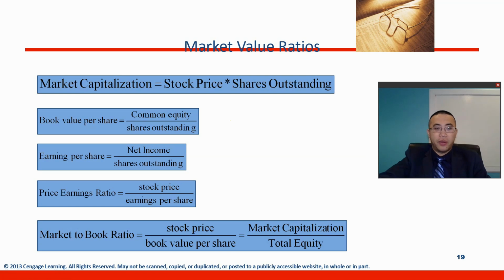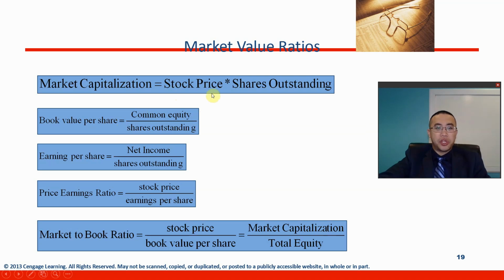It's not stable, but the book value or the total equity is released every quarter or every year, so that is more stable. To get the market value, also called market capitalization, you use the stock price per share times the number of shares outstanding. And for book value, you just use common equity on the financial statements.